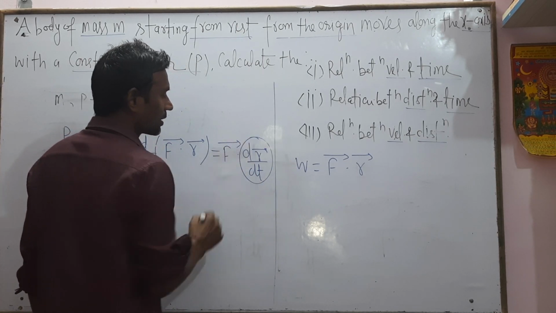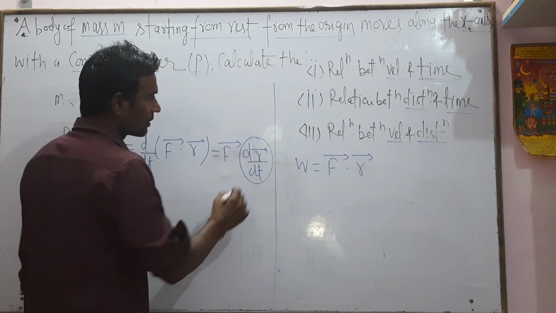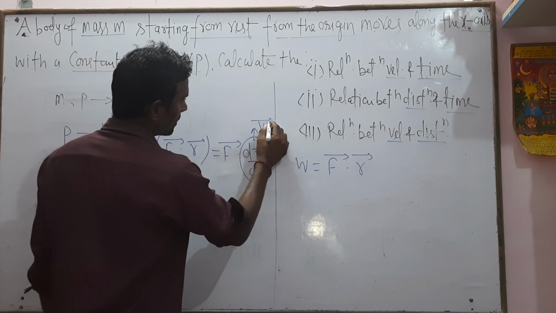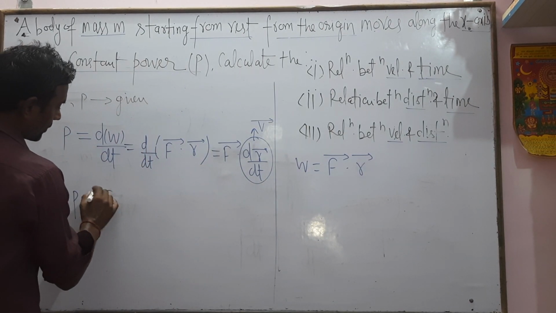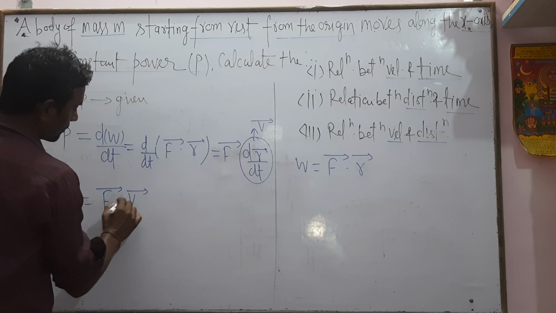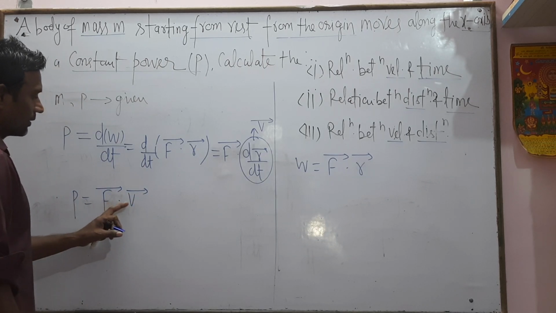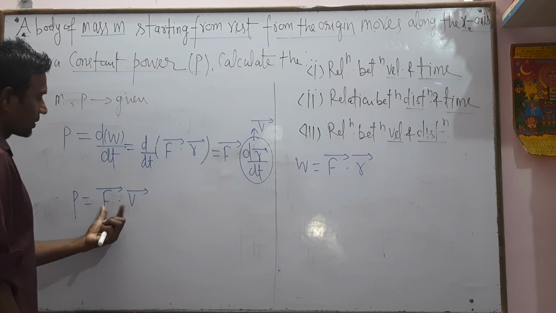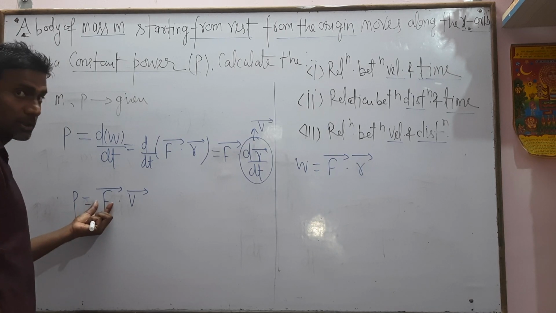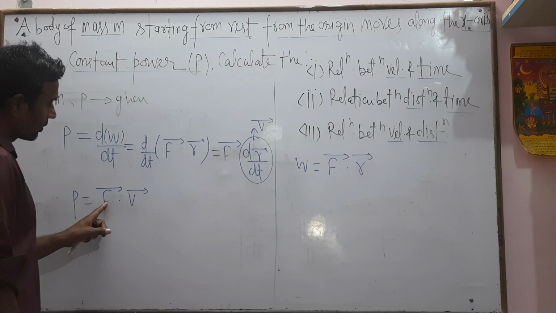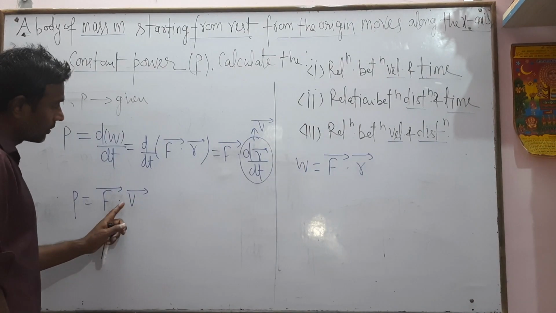The rate of change of displacement is known as the velocity. So power P equals F vector dot velocity vector. If force is constant, then power P equals F dot v.